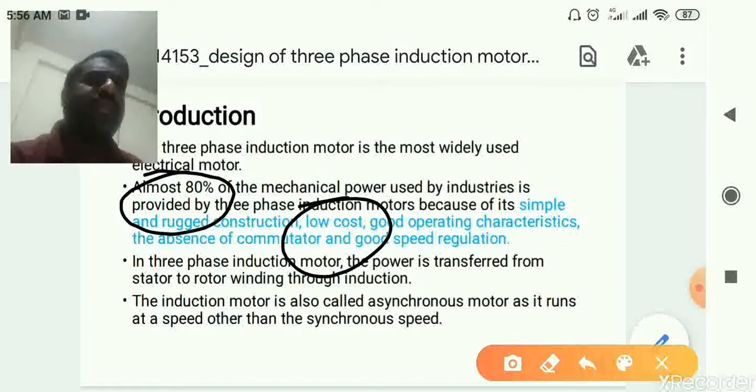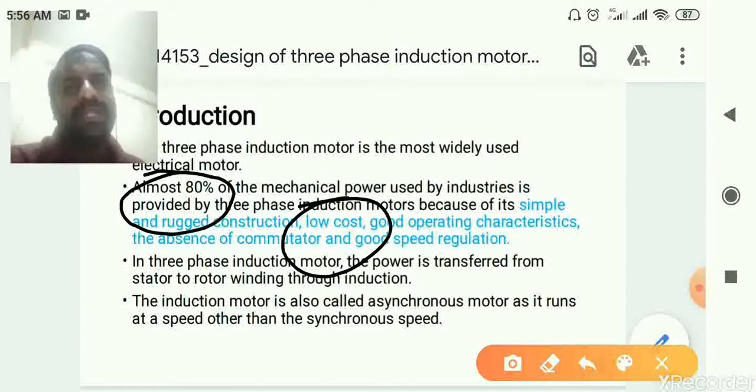To understand this clearly, the working principle of the three-phase induction motor is: when we give a three-phase supply to the stator winding, the stator winding produces a rotating magnetic field. Due to the relative speed between the rotating magnetic field and the stationary rotor conductors, EMF is induced in the rotor conductors. The rotor conductors are constructionally short-circuited.